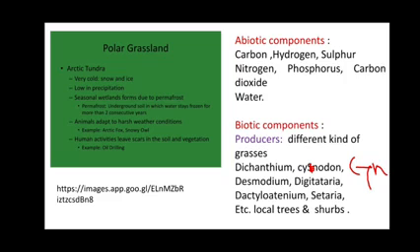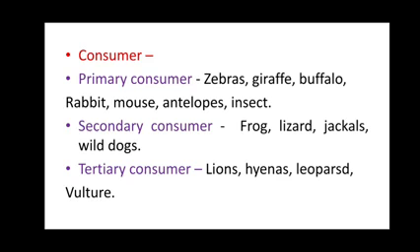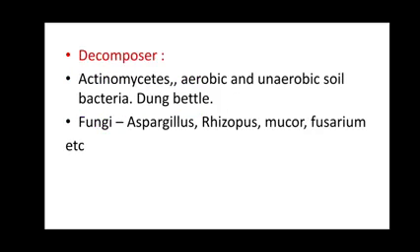The animals are the wolf, Arctic fox, and reindeer. Overall, the main abiotic and biotic components of the grassland ecosystem are carbon, hydrogen, nitrogen, phosphorus, carbon dioxide, water, different types of grasses, primary consumers, secondary consumers, tertiary consumers, and decomposers.